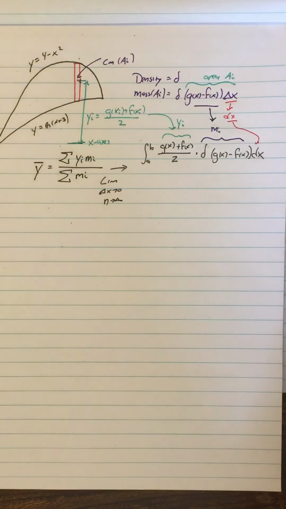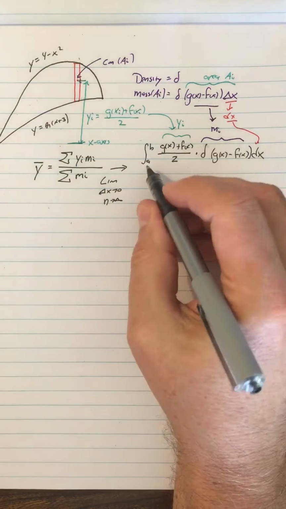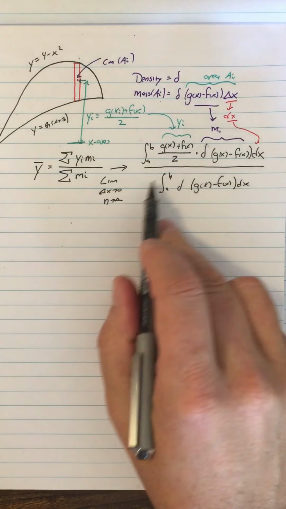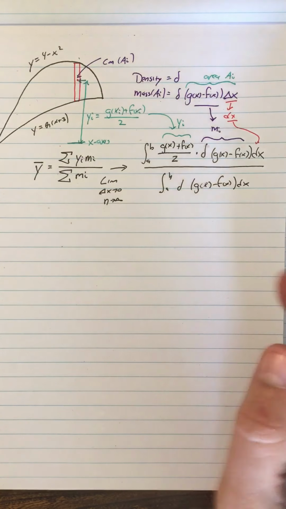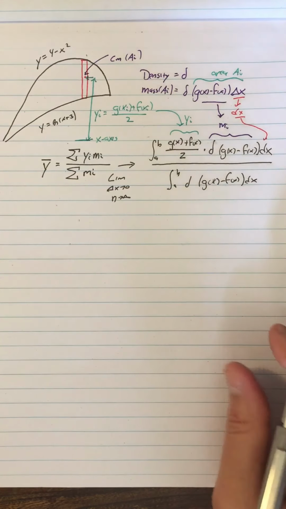Now our denominator does not change. It's the same as it was before. When we change that mass into the integral from a to b of delta times g of x minus f of x dx, what you really have down here is actually the total mass of the shape. So that's another interpretation layer that's in there.